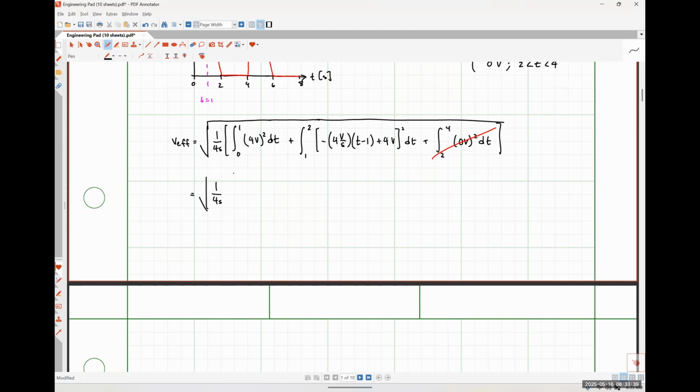So that's just a constant 16 volts squared. So I could pull that out. And then I'm integrating dt from 0 to 1, which is literally just going to look like 1 second minus 0 seconds. So that's the result of my first integration, okay?